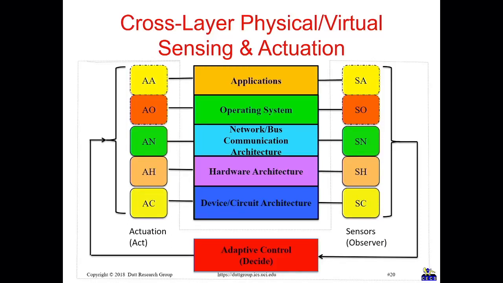And then what you might do is you have some policies that allow you to effect actuations again across the stack. So DVFS is a good example, where you might sense something at the scale of an operating system level, and then you go back and then maybe you're actuating something at the device level where you change the voltage or the frequency. And examples of this abound. And in fact, we're doing this all the time when we have systems that we're trying to control.